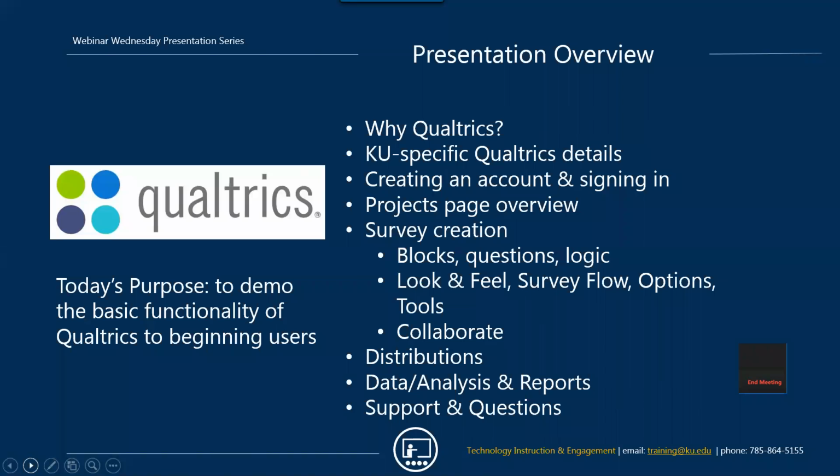We'll spend quite a bit of time on survey creation, blocks, questions, logic, etc., look and feel, survey flow, and also about collaborating on survey projects. Then we'll move into distributions. Once you've created a survey, how to get it out to people, and we'll cover a little bit of data and analysis and reports. And then finally, we'll talk about where to go for more help and see if you've got any questions left over at the end.